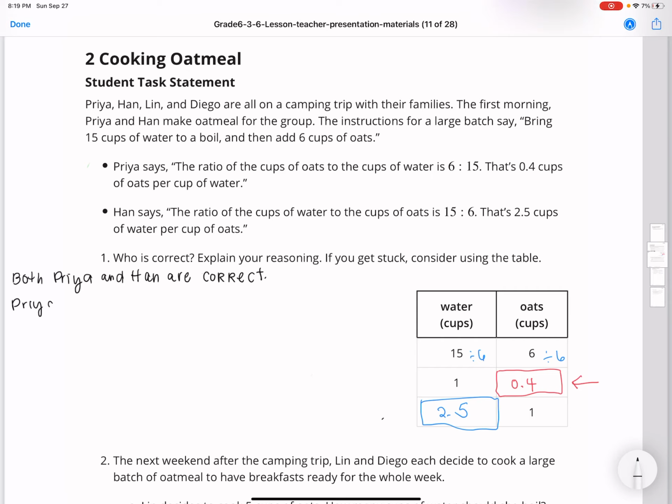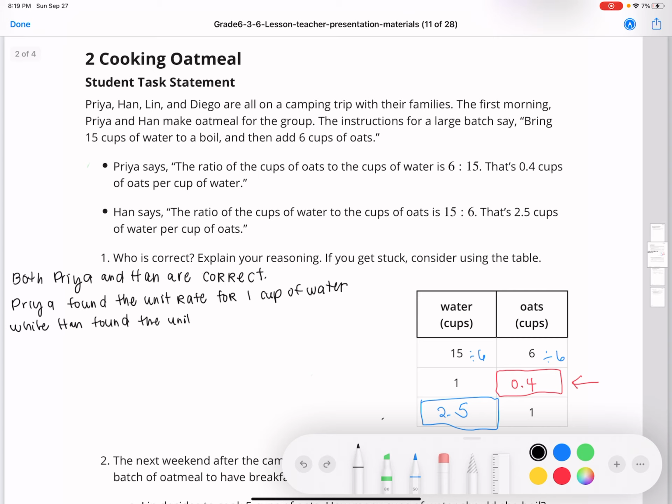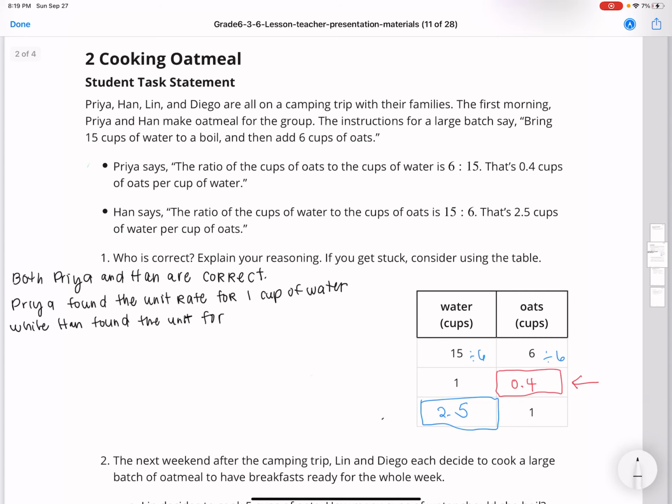Priya found the unit rate for 1 cup of water, while Han found the unit rate, not unite, but unit, for 1 cup of oats.